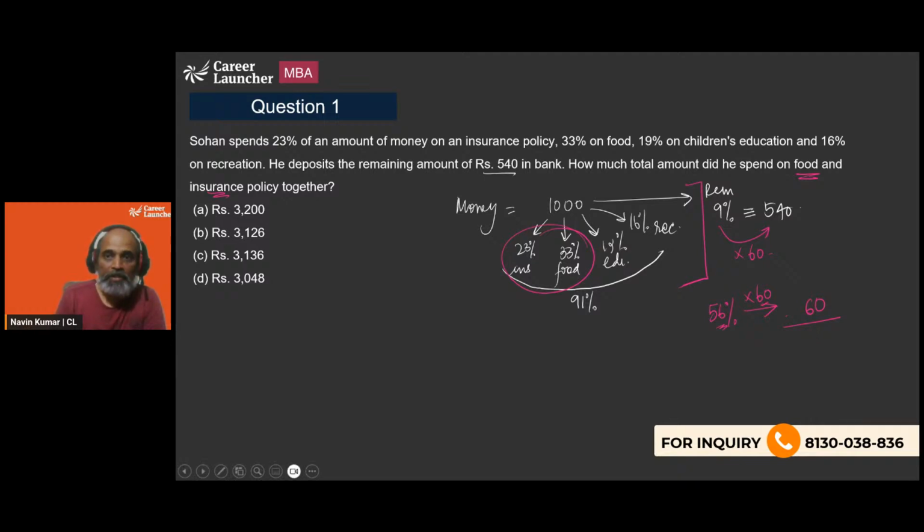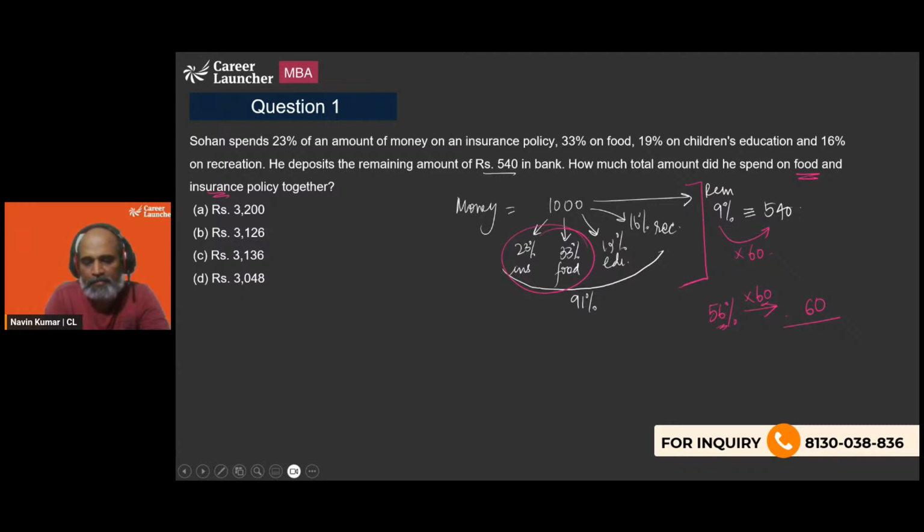Total amount he spent on food and insurance together. Did I make any calculation mistake? 56, 62, 72, 81, 91. So 9% is left. So we need 56 into 60.